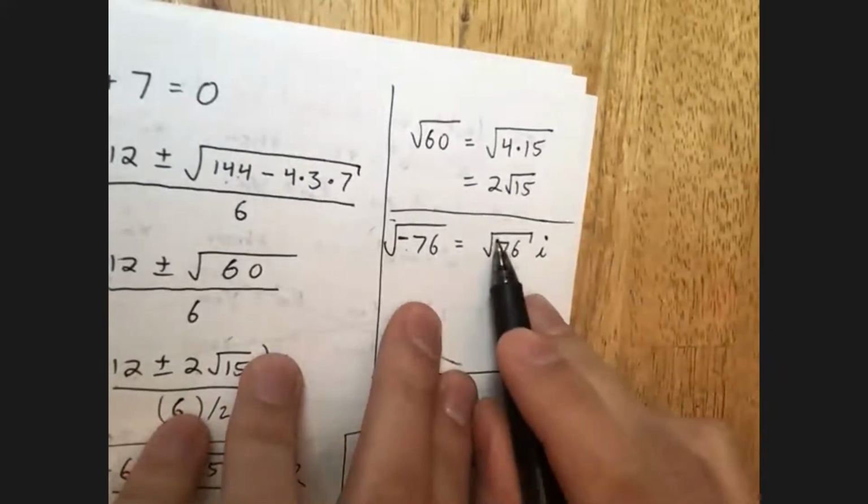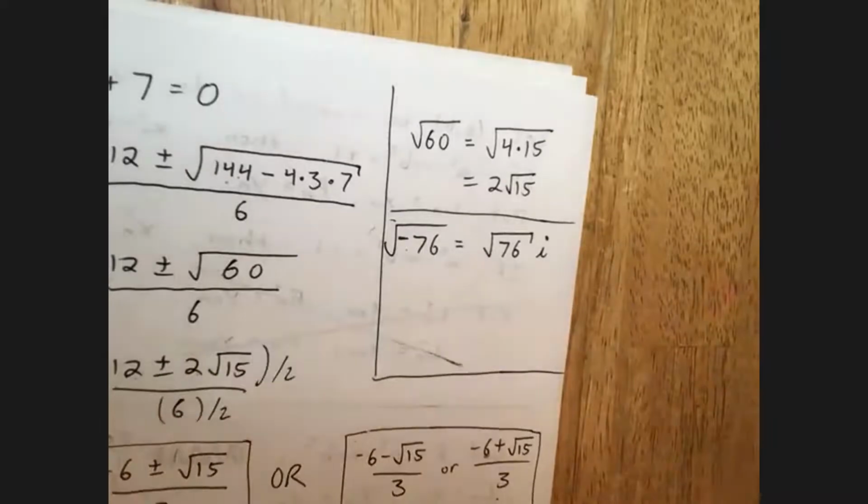Now, can I factor out a perfect square here? Can I simplify this? Well, let's see. 76 is divisible by 2. In fact, it's exactly twice 38. And 38 is divisible by 2. So that means it's divisible by 4. It's 19 times 4. And 19 is a prime number, so that's as good as I can do.